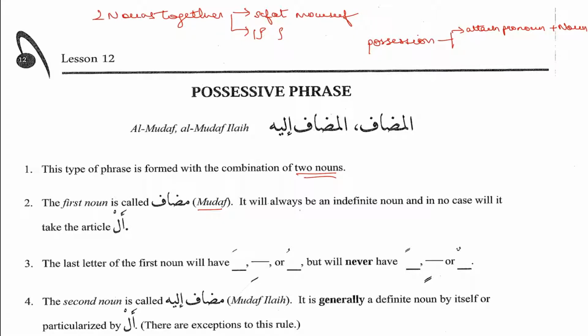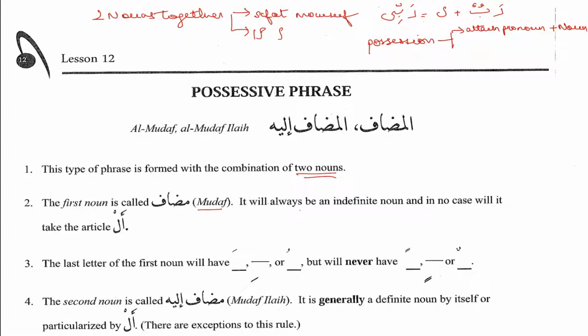The simplest example: rabbun plus ya, which is first person singular, becomes rabbi.